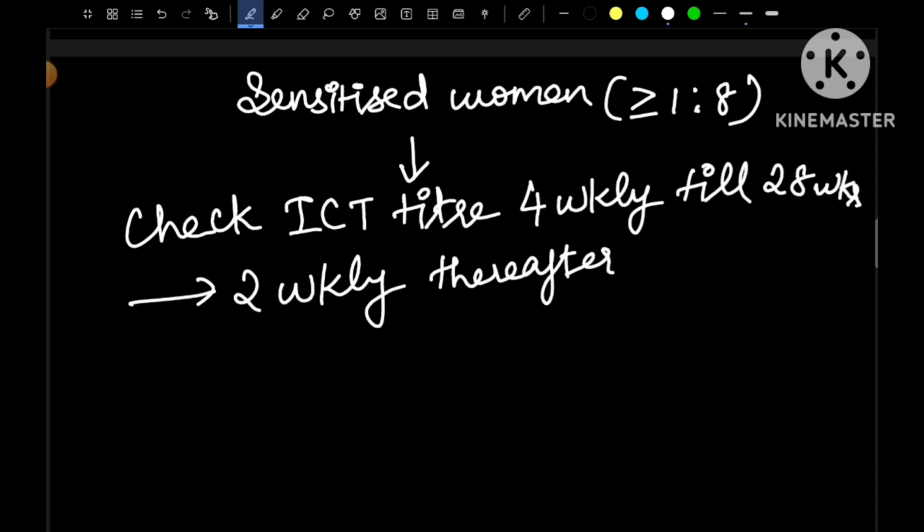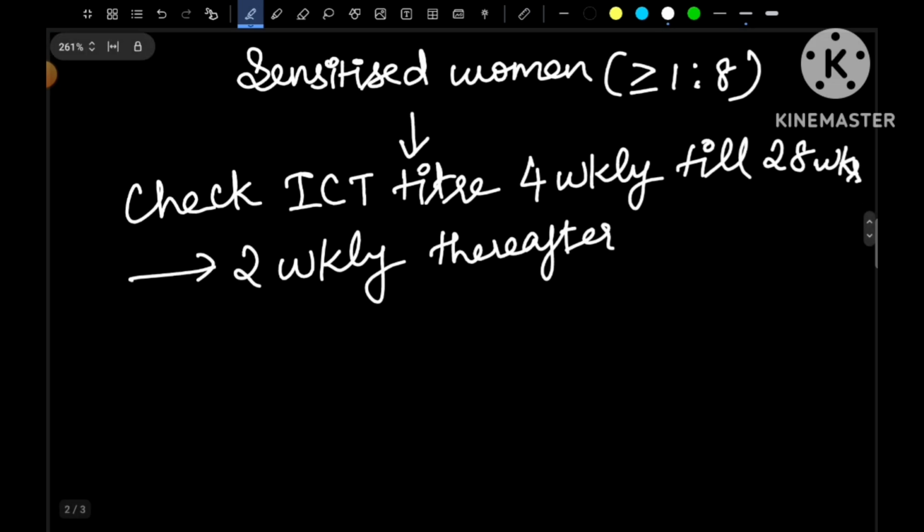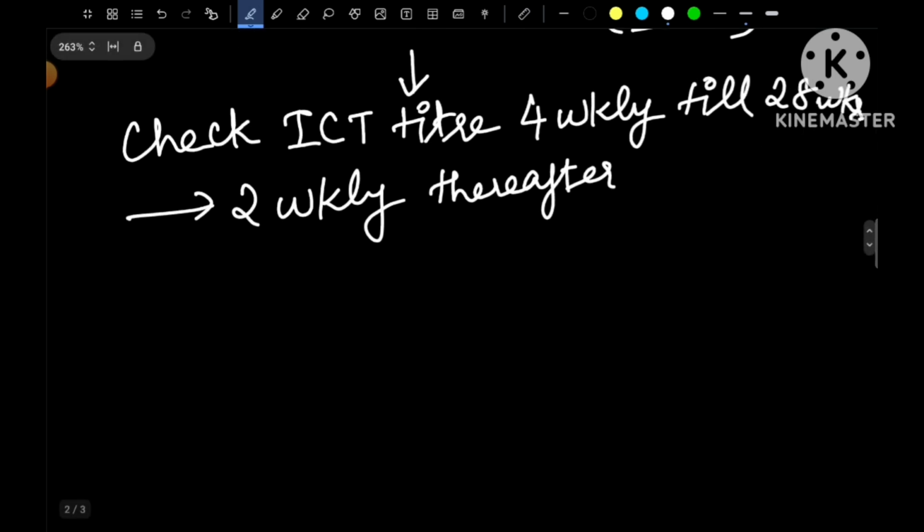If the titer value stays the same or doesn't increase much, it's okay. But if it increases, what should we do?